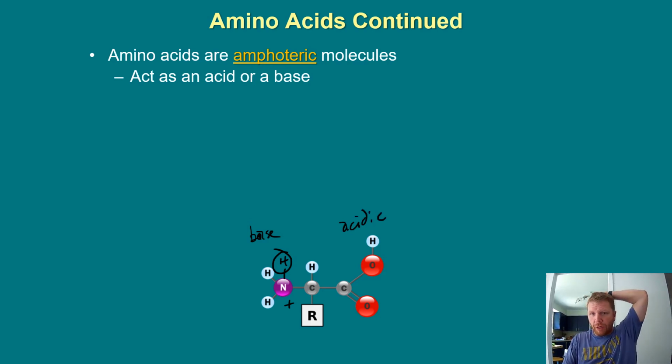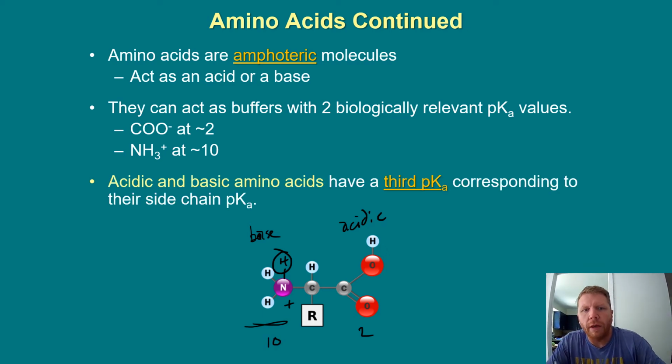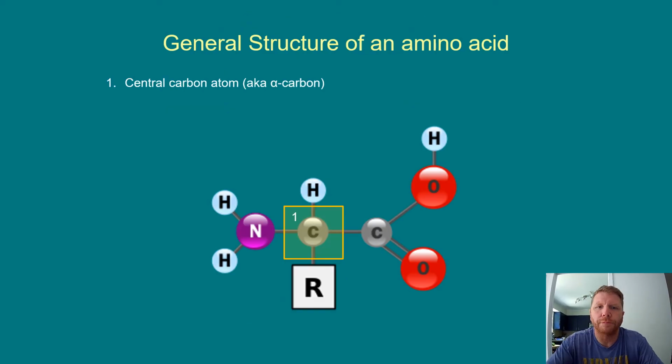This is going to donate a proton at a low pH, and this other side will donate a proton at a higher pH. So these can technically act as buffers in two regions because they have pKa values for their carboxylic acid at about 2 and their amino group at about 10. Now, acidic and basic amino acids have a third pKa corresponding to their specific R group.